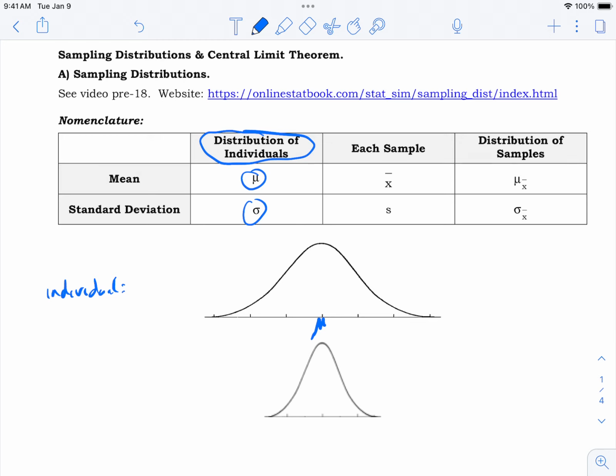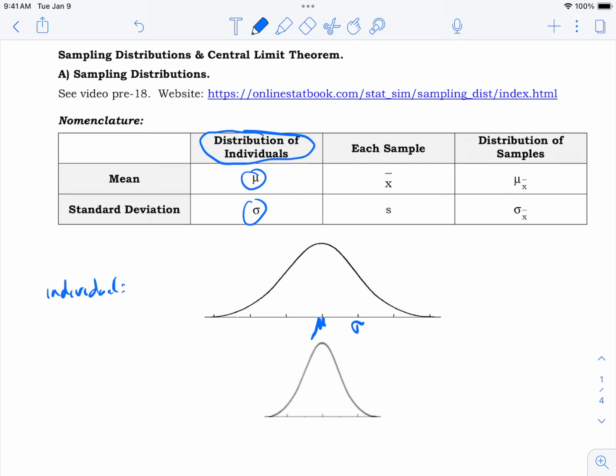Now, where's the standard deviation on this? It would be just about here, because the standard deviation is the distance from the middle to right here, where it's called the inflection point. We're curving this way, but then we're curving this way, and right in between is the inflection point. So that distance is what we mean by the standard deviation. So for the individuals, you've got the mu and the sigma.